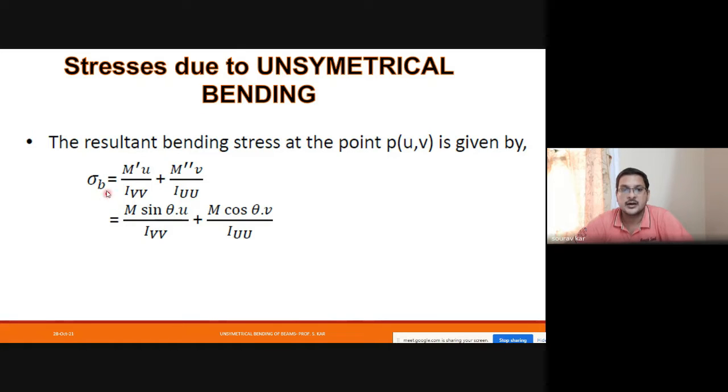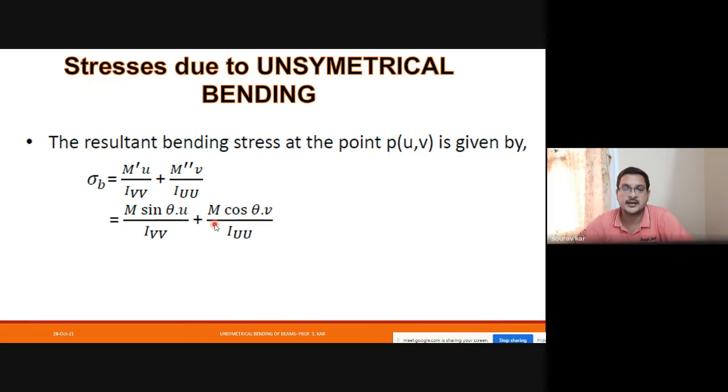Please note this equation, it is very important. To calculate the bending stress at any arbitrary point having coordinates u and v, we keep M common because M is a common factor.